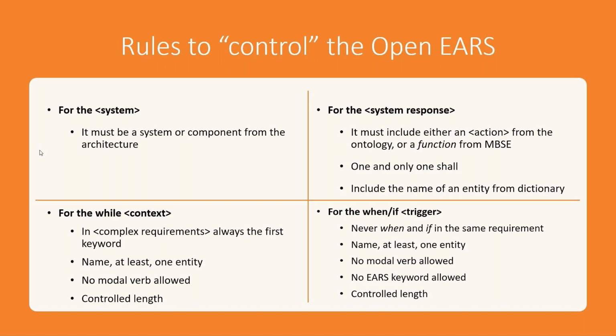Also, the while should include at least the name of one entity. There shouldn't be any modal verb in the while block, also to control the length of this while block, and similar restrictions for the other main blocks in the ES pattern, right? So this is what has been implemented in the lab.